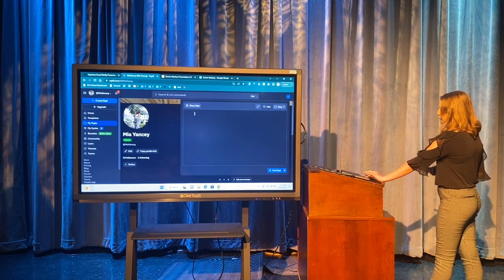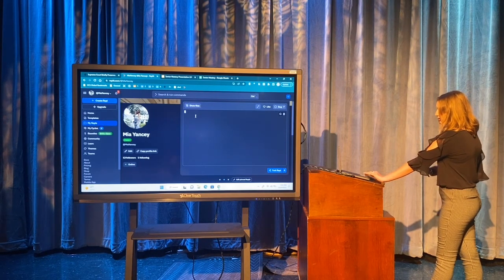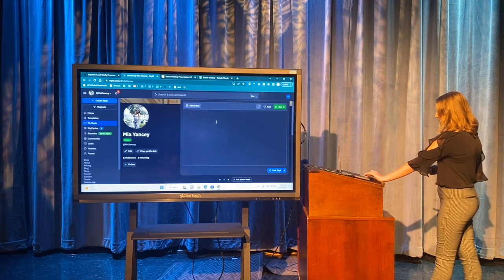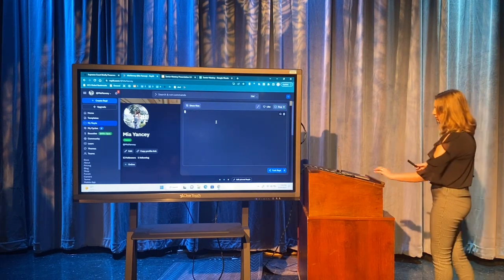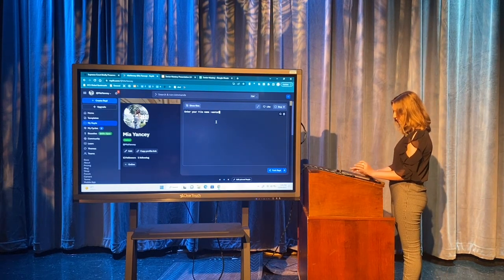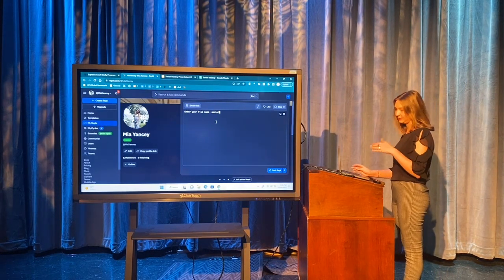So this is a version of it that I built especially for my senior mastery so that I wasn't trying to run it with about 4,000 documents in it still. It is still going to take a minute to load though. So it starts with this prompt to enter your file name, and I already put this argument in here. You put it in just the text, no pictures or anything.